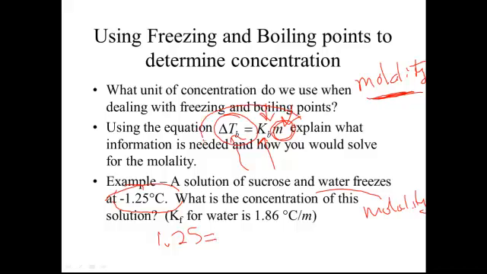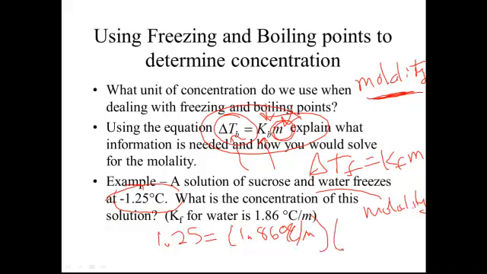Basically it's this same equation, but delta TF equals KF times m. And we know that the freezing point constant for water is 1.86 degrees Celsius over m, and then our unknown obviously is our molality, our m.